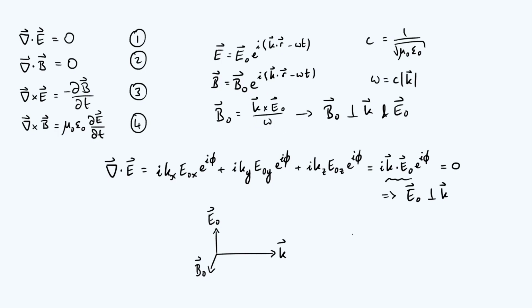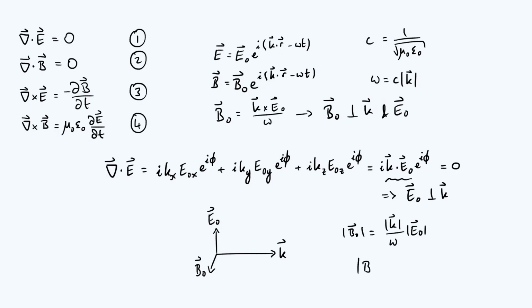And so from this circled equation there, you conclude that the magnitude of B naught is the magnitude of k divided by omega times the magnitude of E naught. There's no sine theta factor because all of our vectors are perpendicular.